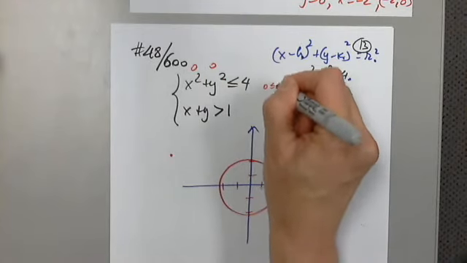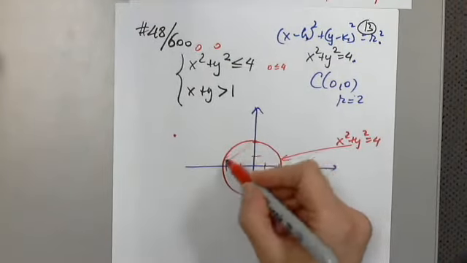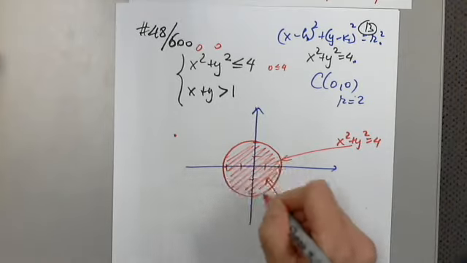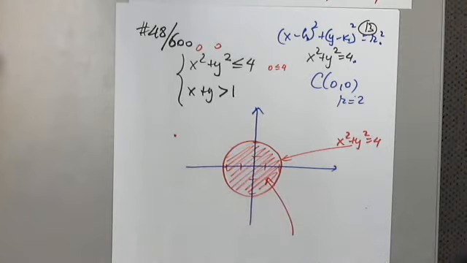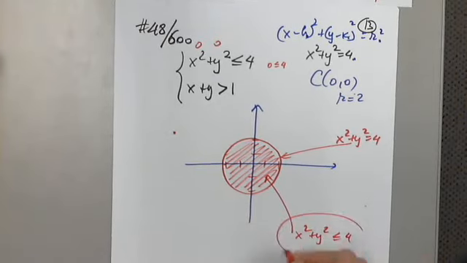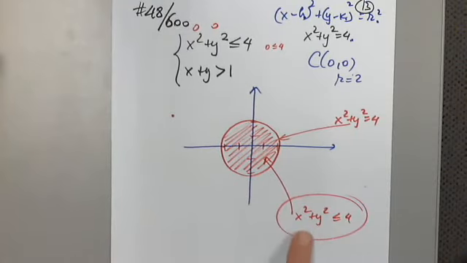So 0, is that less than or equal to 4? Yes, it's true. Therefore, the inside, including points on the circumference of the circle, consists of all possible solutions of this inequality.